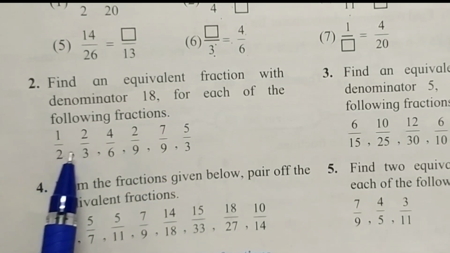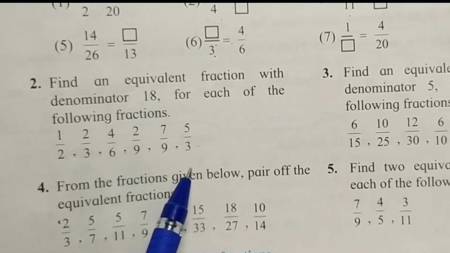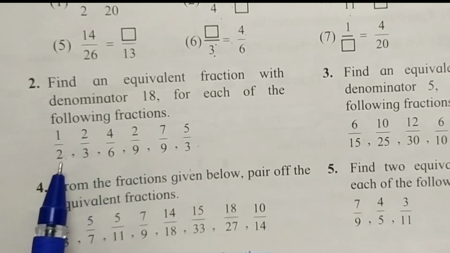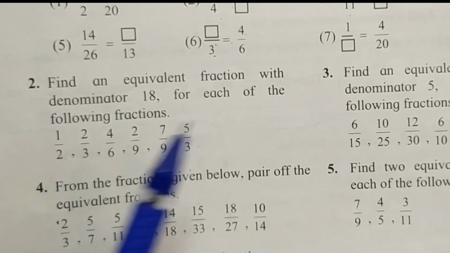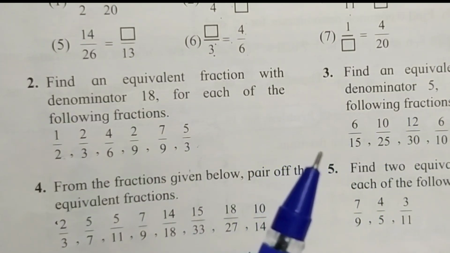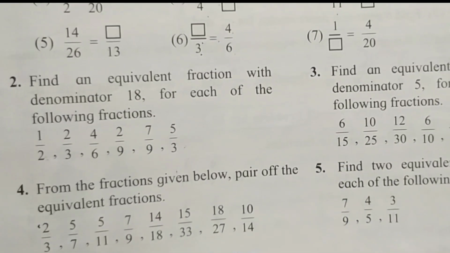The denominators of these fractions are below 18. They are smaller than 18. So here we are going to multiply their denominator by a number so we get the product 18. So how? Let's see it.